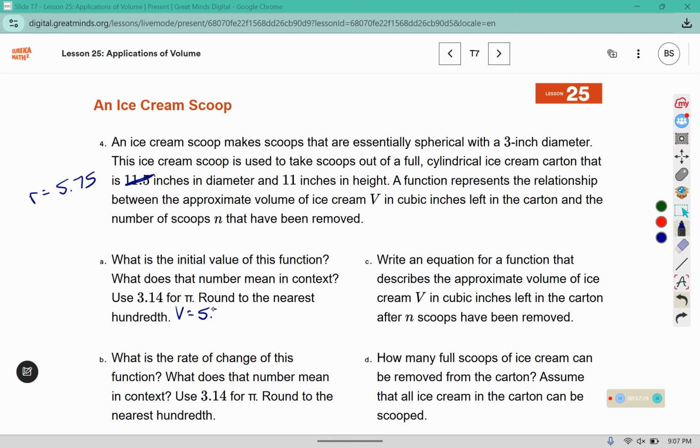So 5.75 squared times pi, which we're using 3.14 in this problem, times the height, which is 11. So 5.75 times 5.75 gives us 5.75 squared. Then multiply that answer by 3.14 and 11.